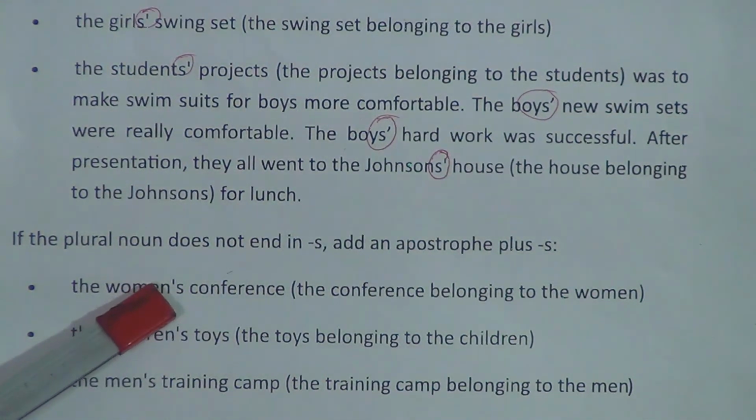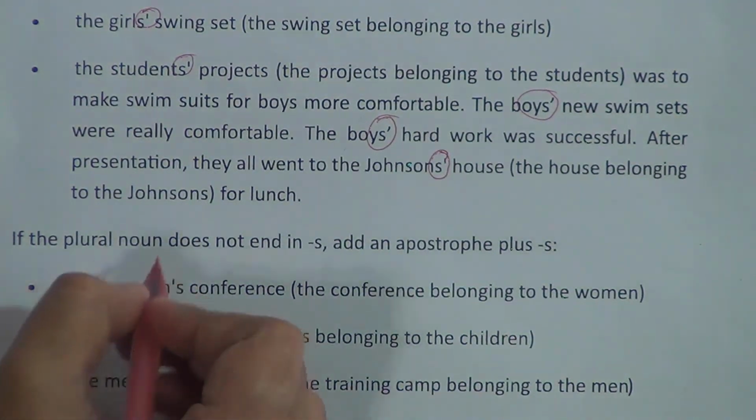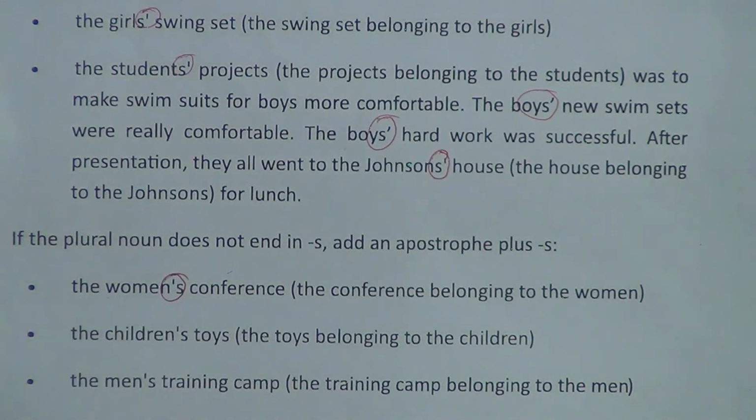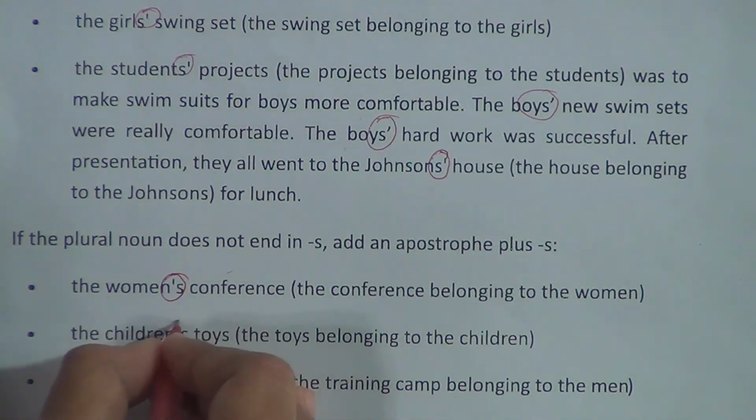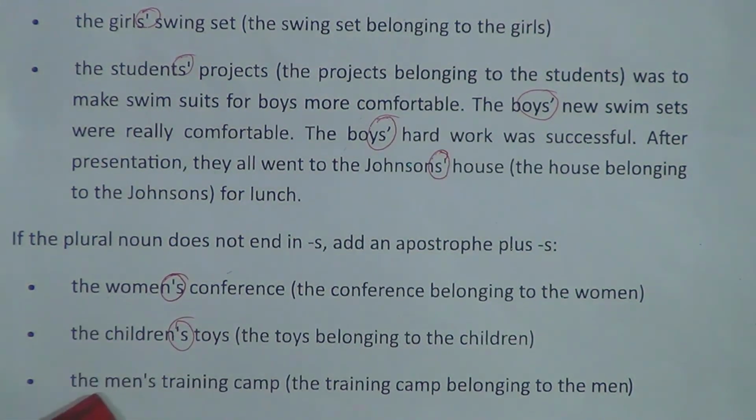So we add s after apostrophe. That means the conference belonging to the women. The children's toys, the toys belonging to the children. The men's training camp, that means the training camp which belongs to the men.